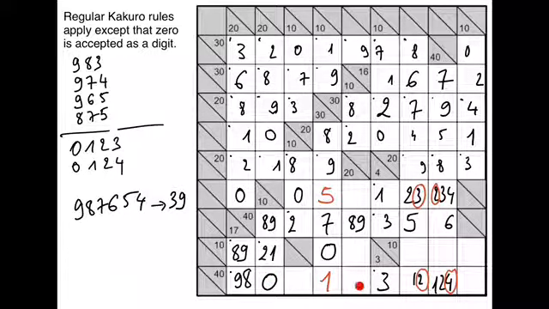Now, how are we doing this? This is at least 5. No, this can't be 5. So this is at least 6. There's no 5 in this 40 sum. At least 6 plus 8, that's 14.